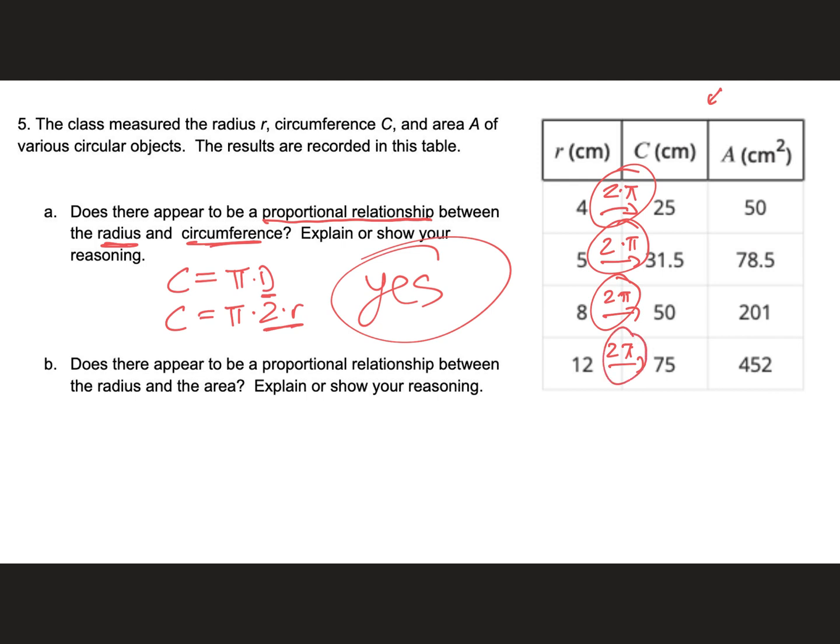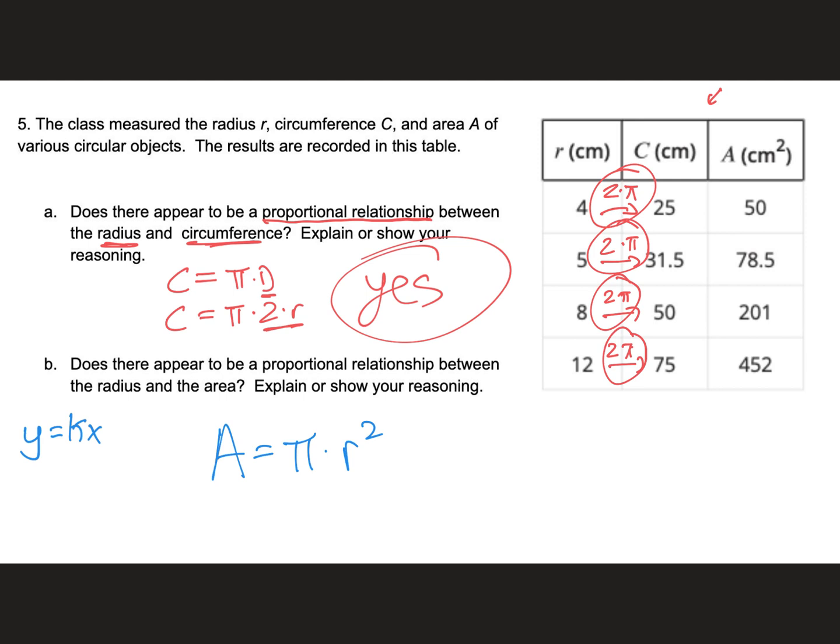Now for the next one, my area is equal to pi times the radius squared. Now if you notice, this is not going to be a proportional relationship. From our last unit, we learned that proportional relationships always come in this form, y equals kx.